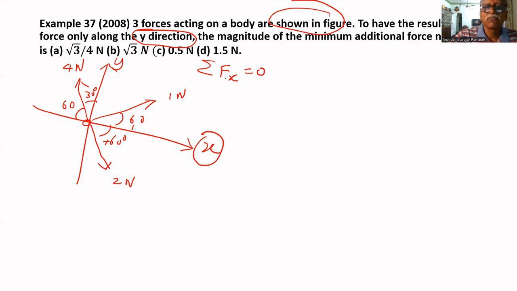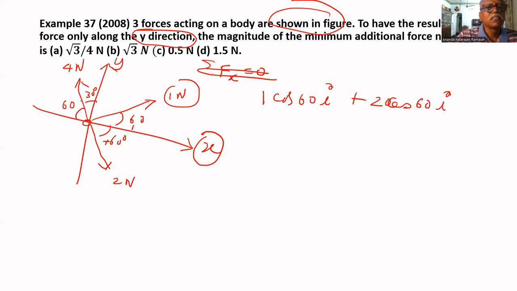What is the sum of the x direction forces? It is 1 Newton, 1 cos 60 in the plus I direction. Then this is also along the x direction, plus 2 cos 60 in the I direction. This is opposite to that, that's why minus 4 cos 60 I, plus fx has to be added so that this is equal to 0.